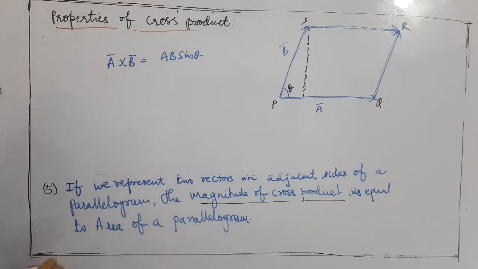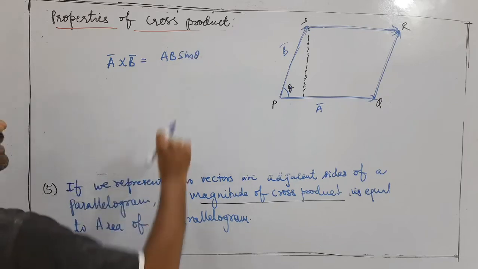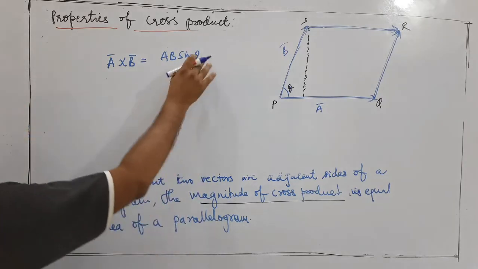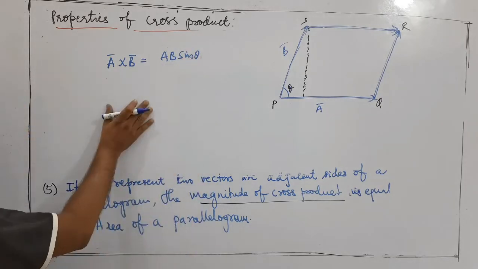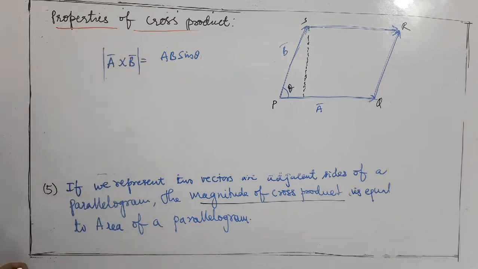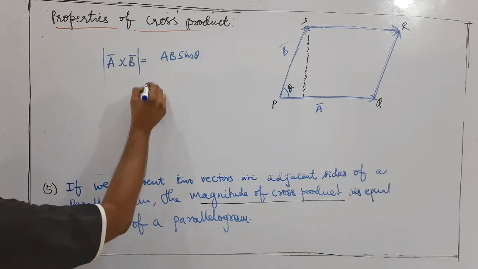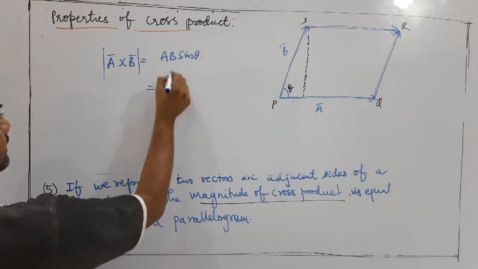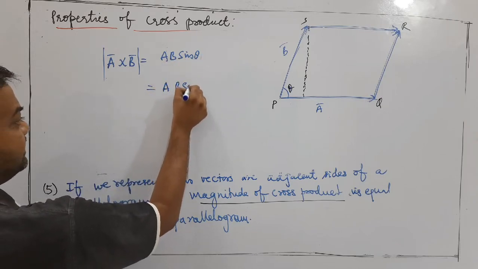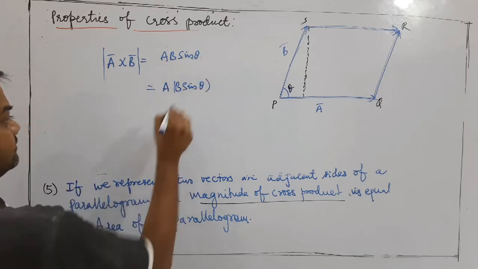Need not write the n cap, because n cap gives a direction, but here we only have to find out the magnitude. That's why here we can write A into B sin theta, you write separately.